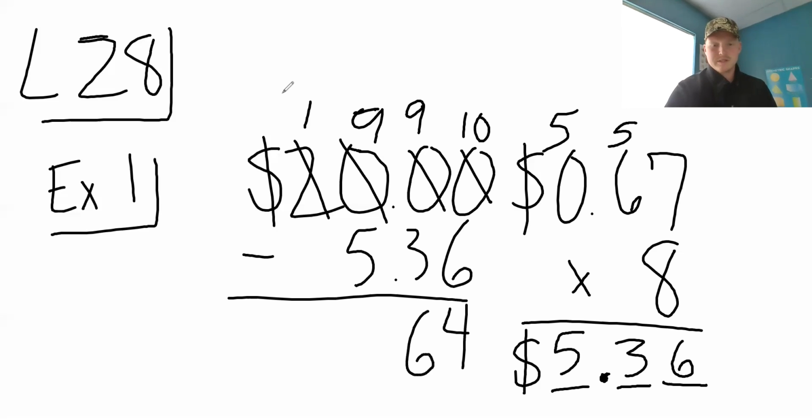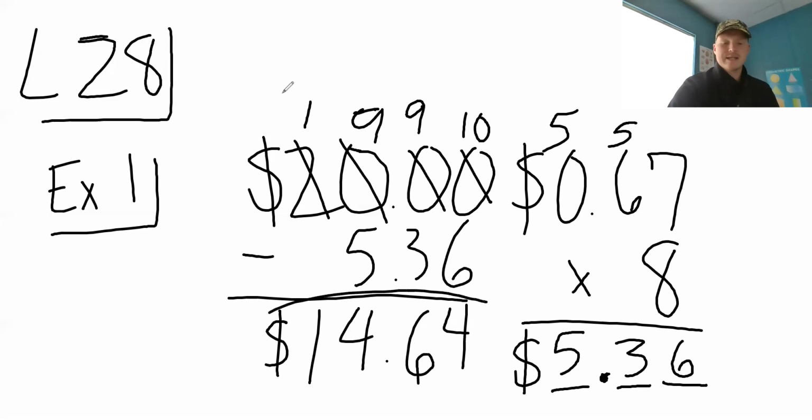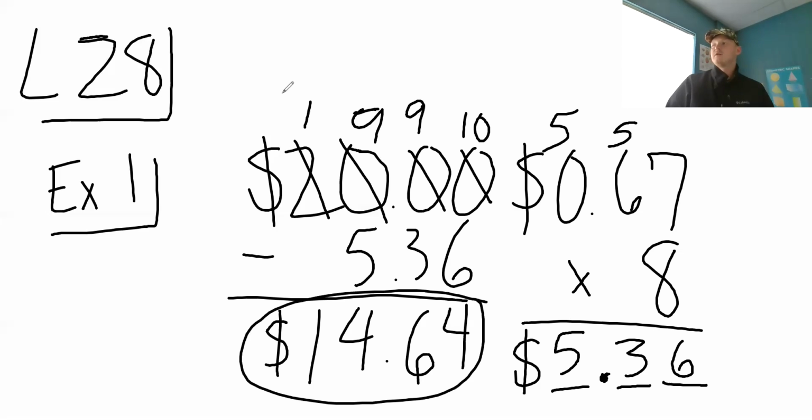Actually, 6, 4, 1, so 1464. So yeah, you're really close. $14.64 left. I've been trying to do math in my head easier. Yeah, that is good. So $14.64 is how much money Julie has left after buying dog food.